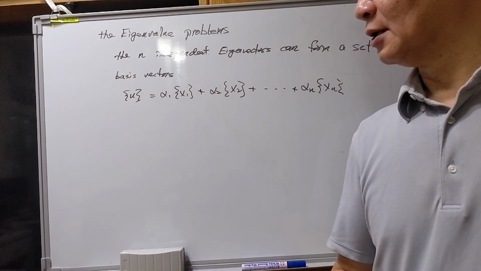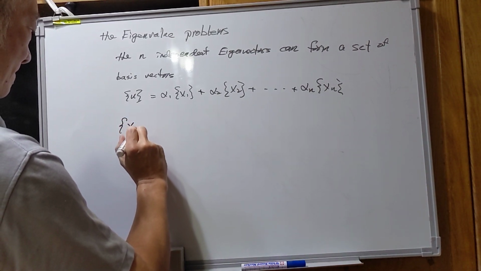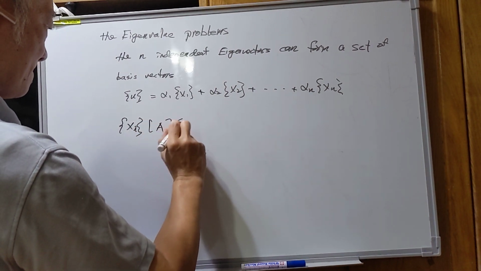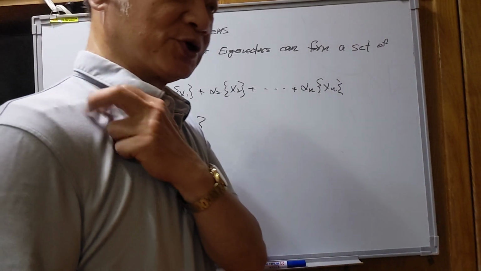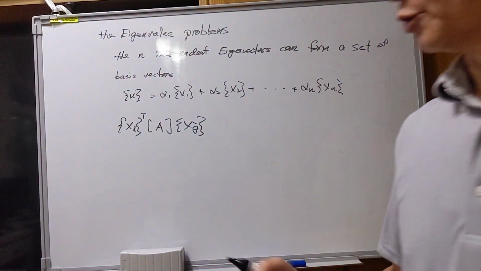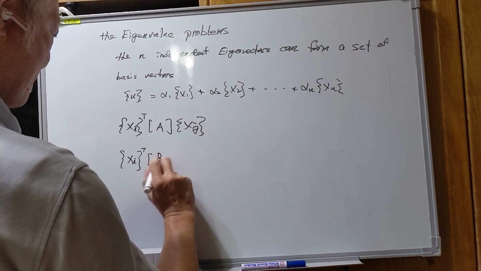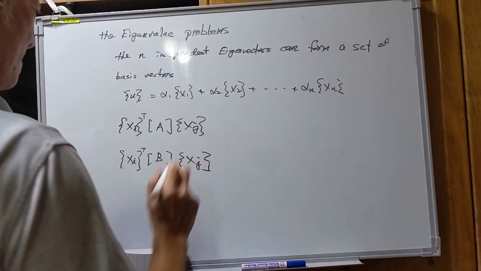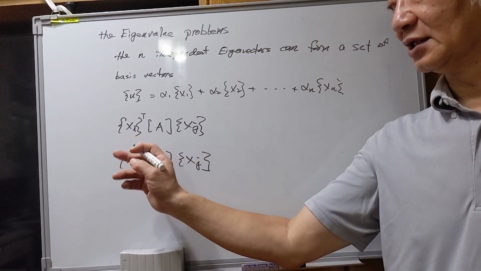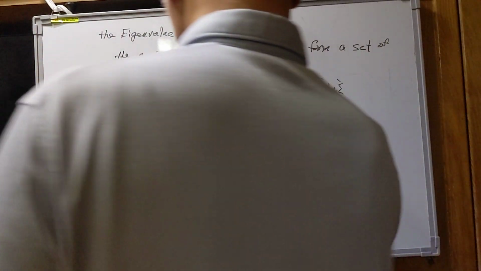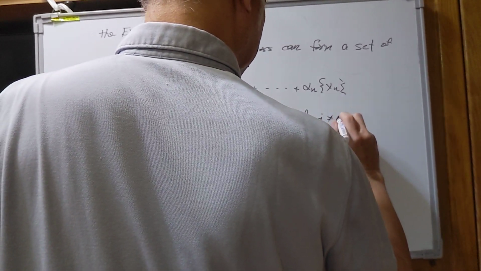Also remember, if we calculate xi transpose A xj and xi transpose B xj, the values will always equal 0 if xi is not the same as xj.